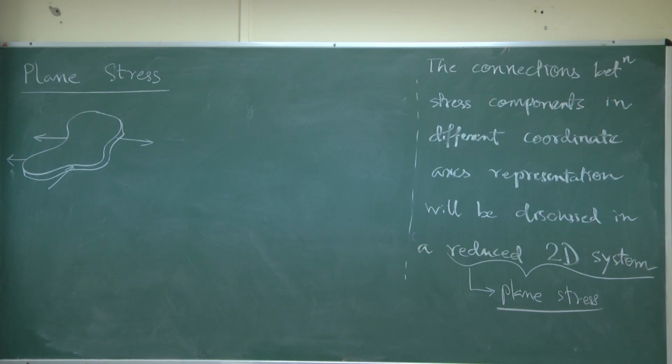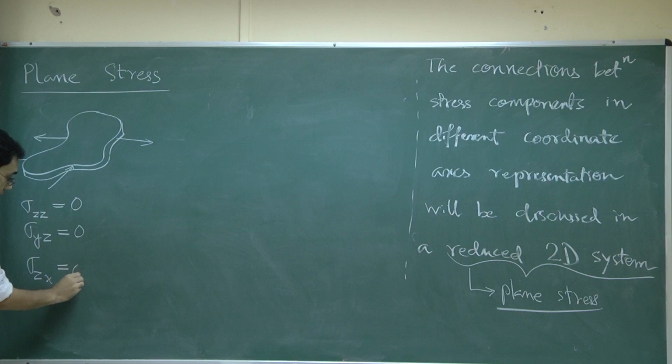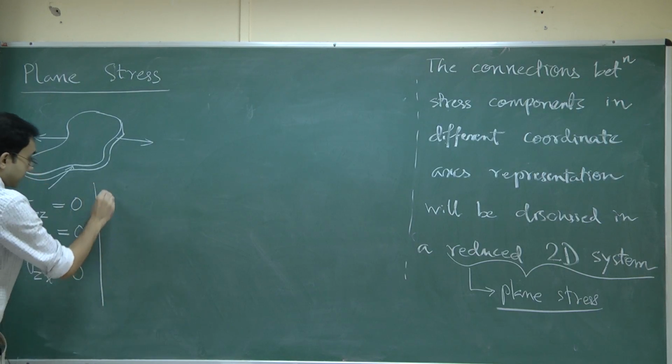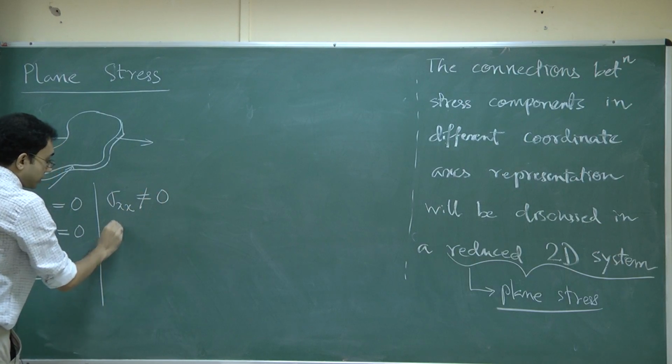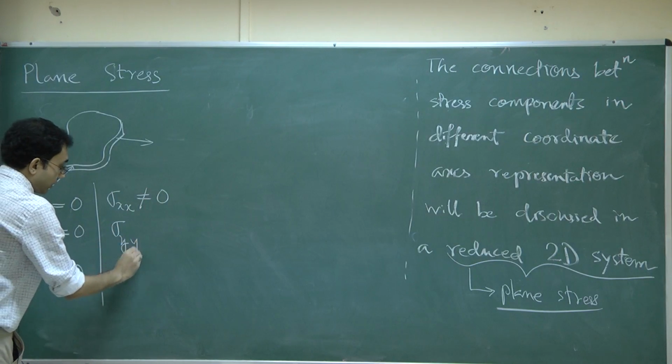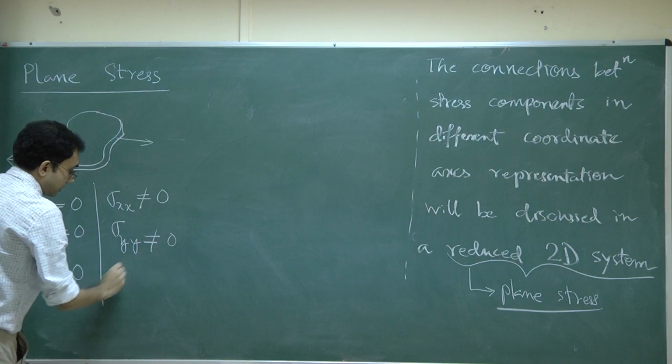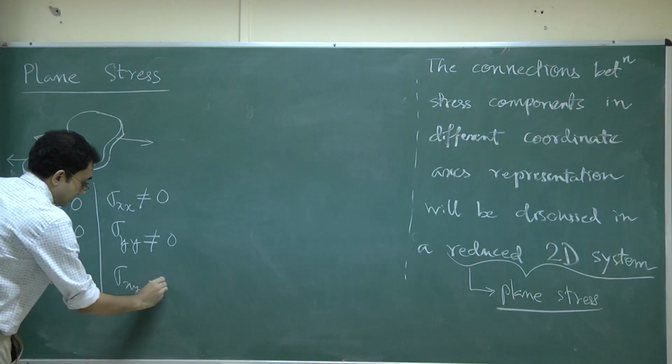As a result, what we will have is sigma zz equal to 0, sigma yz equal to 0 and sigma zx equal to 0. Please note that in general sigma xx is not equal to 0, sigma yy is not equal to 0 and sigma xy is not equal to 0.